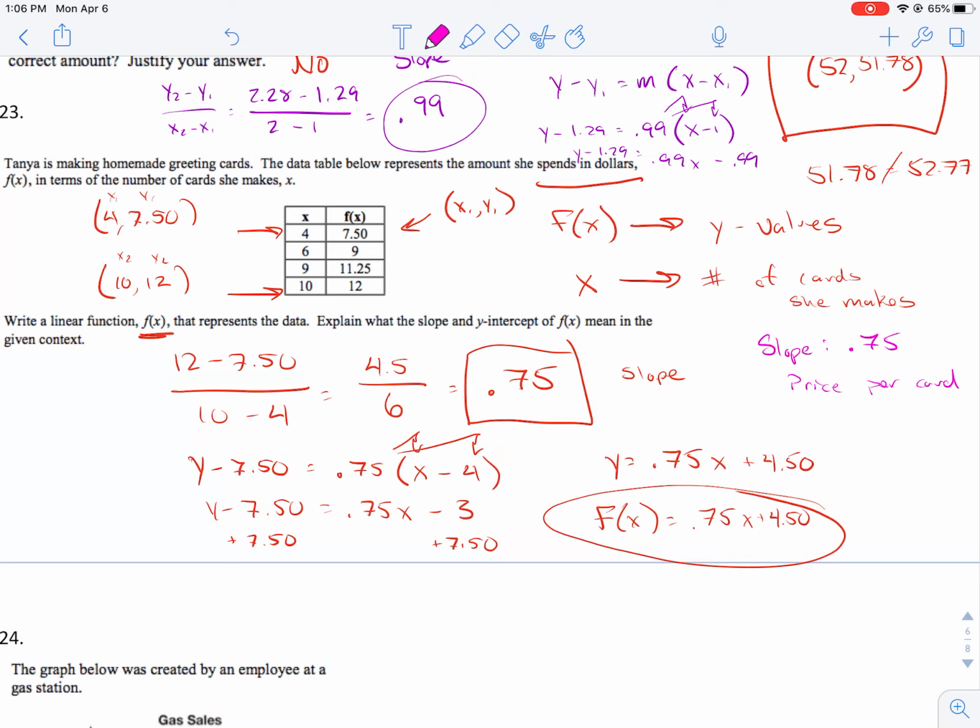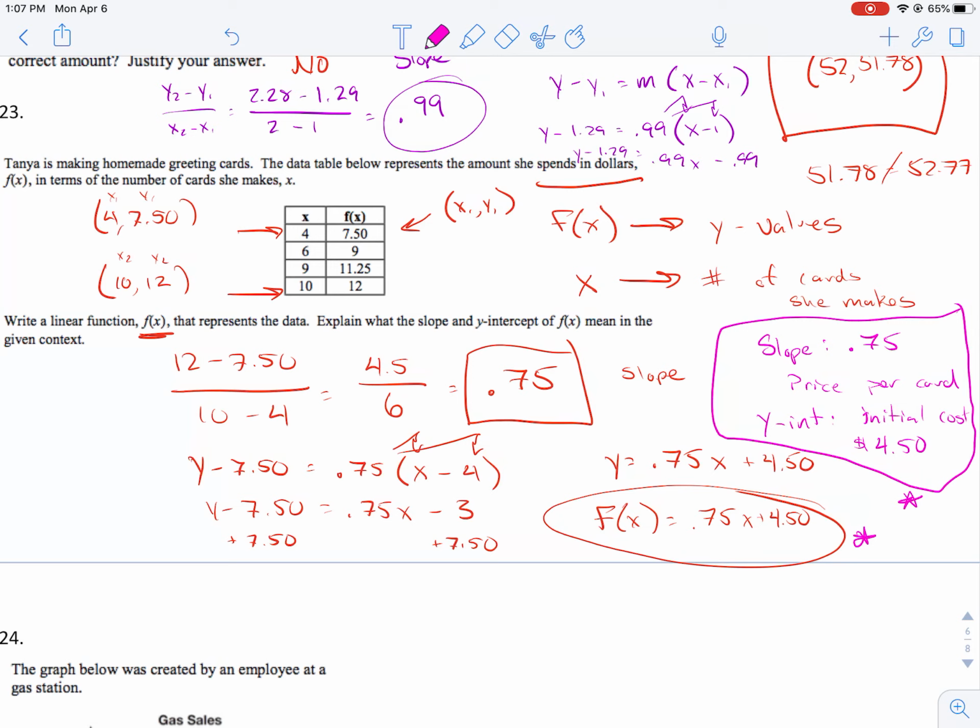So the slope is 0.75, and that is your price per card. Every card she makes, because that's our x value, gets multiplied by 0.75, which represents the amount she makes, which means that $4.50 represents our initial cost.